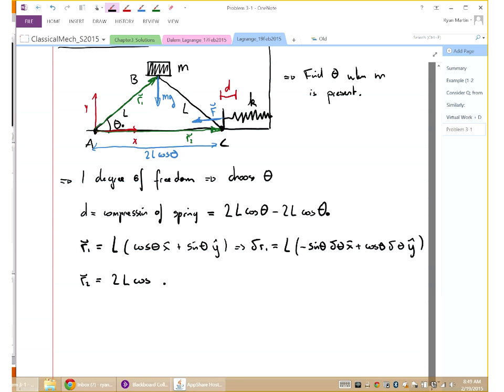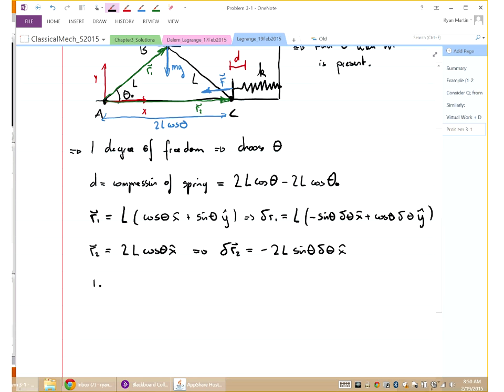Let's do the same thing for R2. R2 is the vector, it only has an x component, so it's 2L cos theta x hat. And so if I take the variation of R with respect to theta, delta R2 is minus 2L sine theta delta theta x hat.